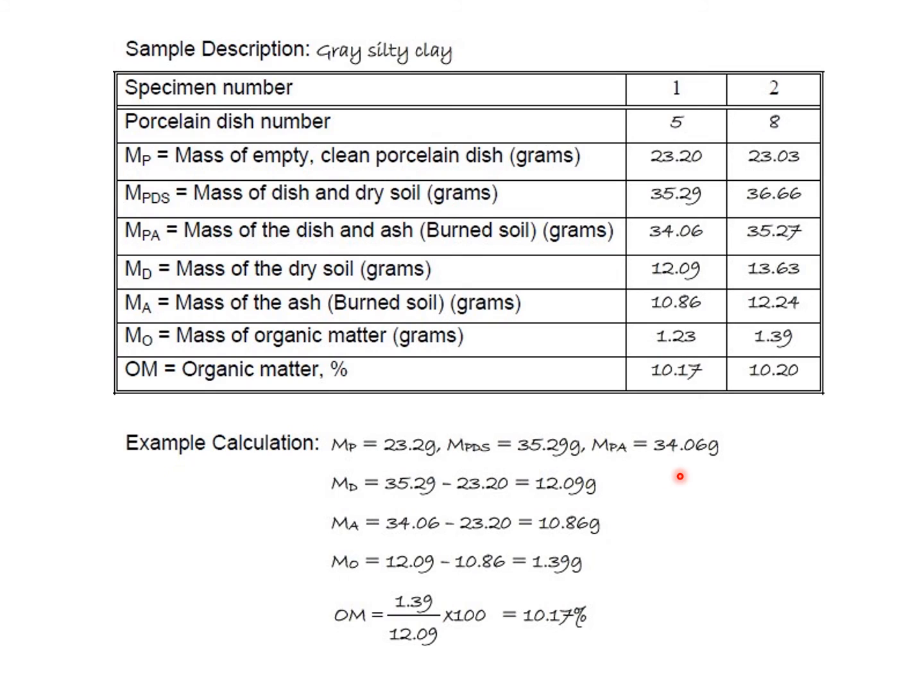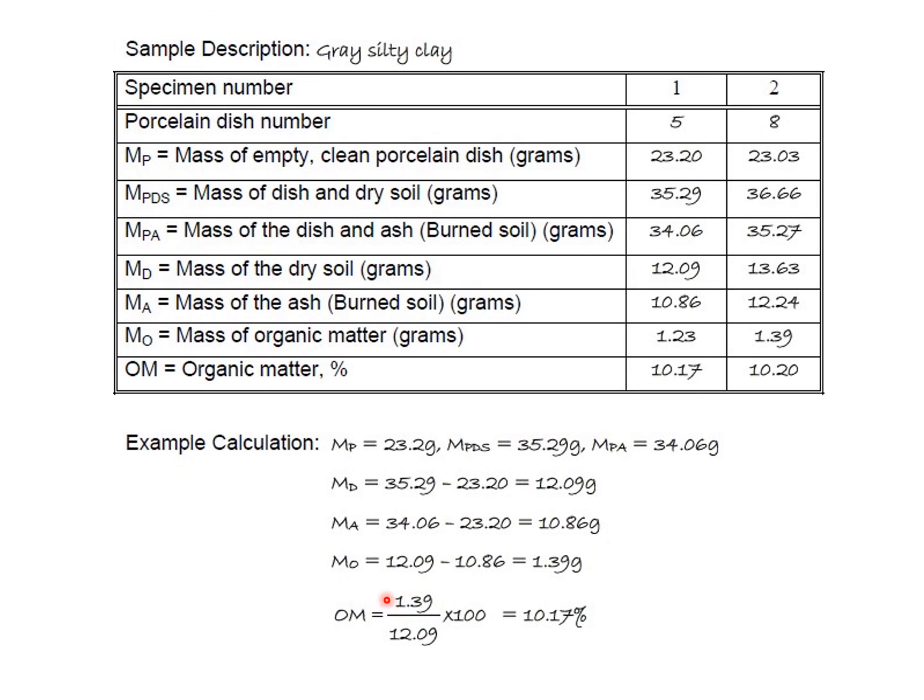Basically that information is meant for the specimen number 1. Okay, then m sub d can be calculated, m sub a and m sub o, and then obviously organic matter, organic constituent, that is m sub o divided by m sub d.